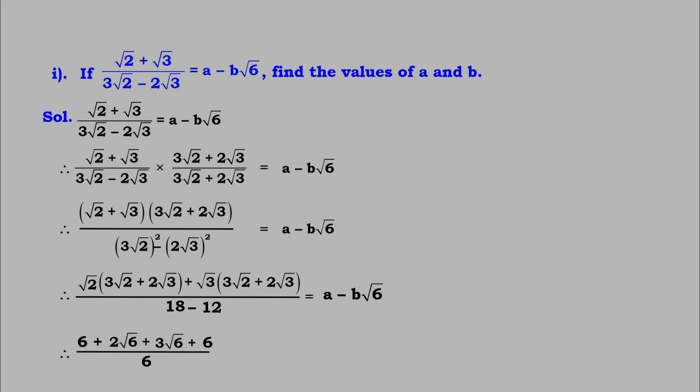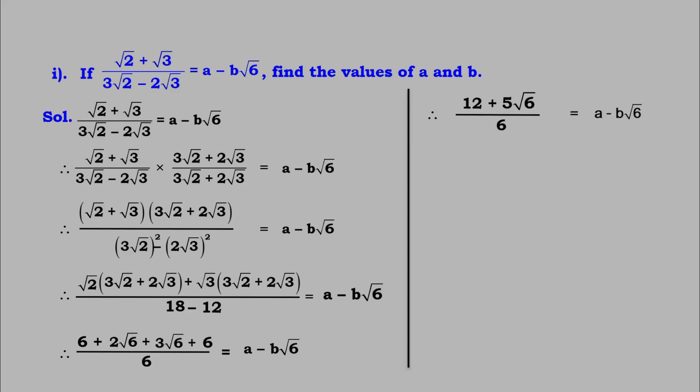Now simplify the numerator and denominator. Now in the numerator we got 12 plus 5 root 6 by 6 equal to a minus b root 6. So now if we divide 6 in both, then that will be 12 by 6 and 5 by 6 root 6.